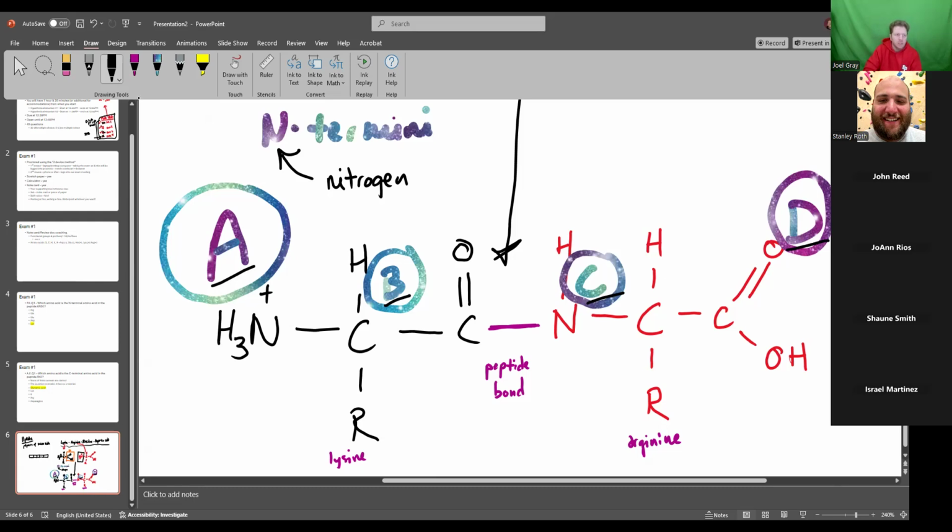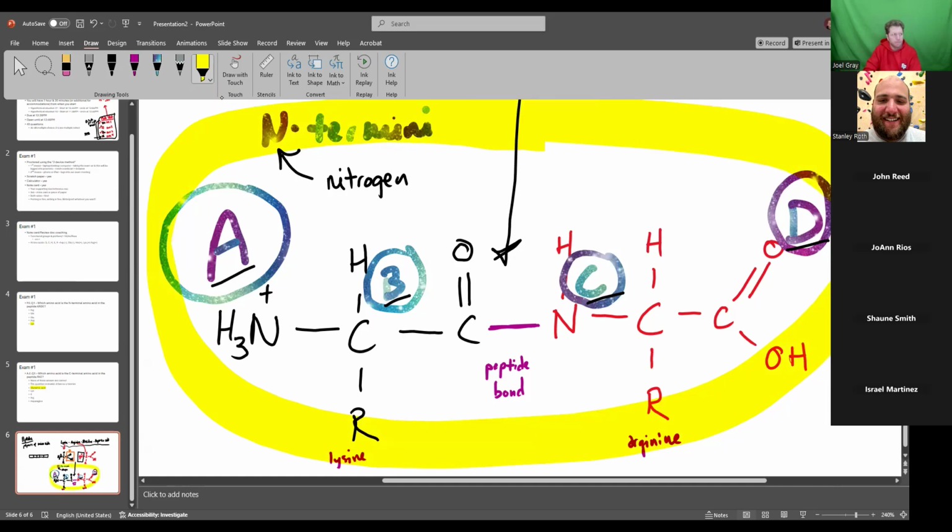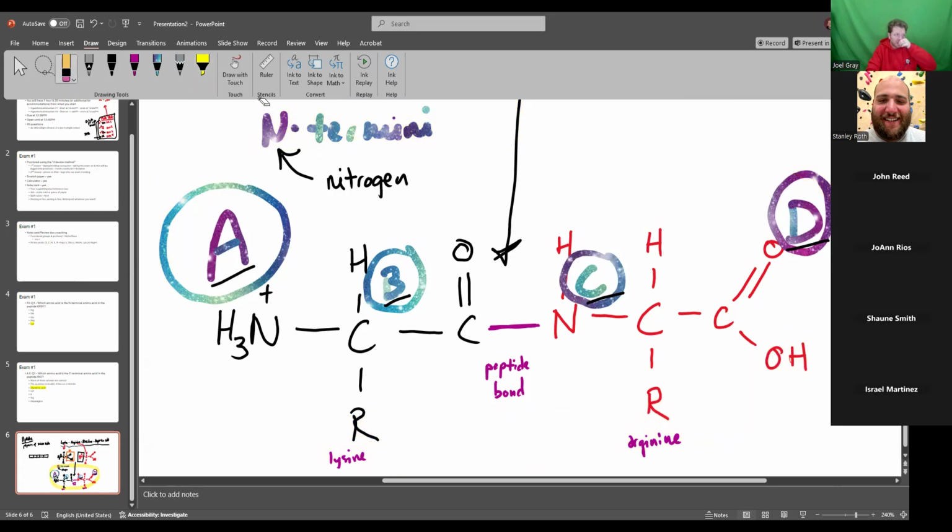D looks like it's closest to our oxygen, or a carbonyl oxygen. But if my question is which is the N termini of my peptide, and I'm going to draw really big, but then I'm going to erase it, my peptide is this whole thing. So considering that whole thing, my best answer is going to be A.